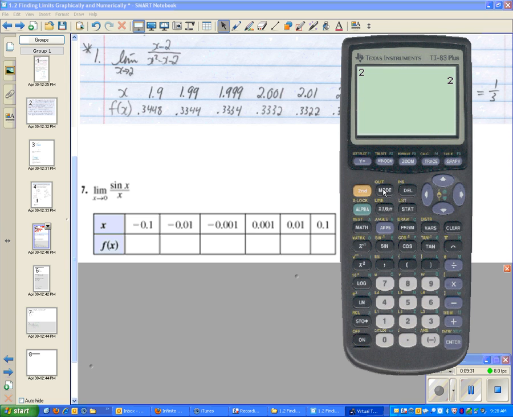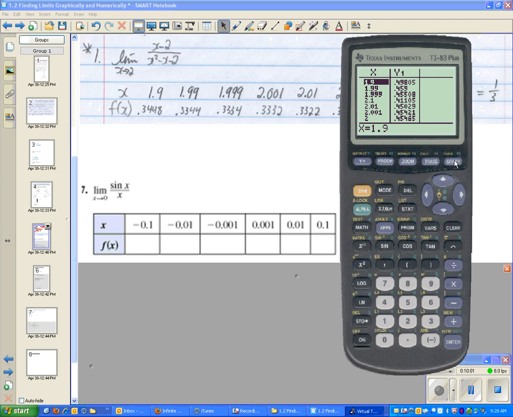So let's see. We're in radian, and I want to change my y equals to parentheses sine of x, close them both, because it opened a parentheses when I did the sine, divided by x. I've already got my table set to ask, so it's going to ask me for x coordinates. So I'm going to go to table.